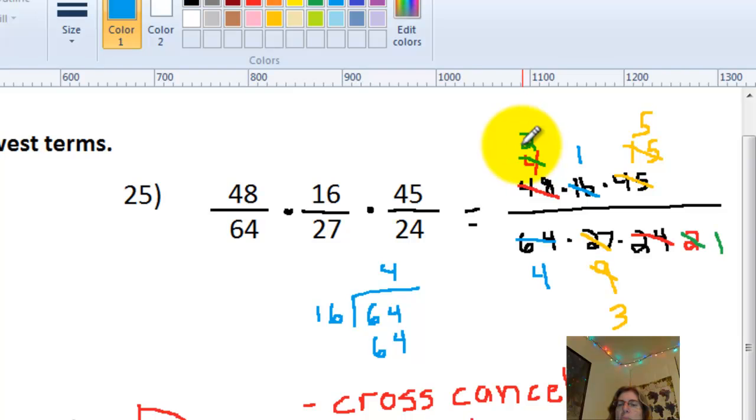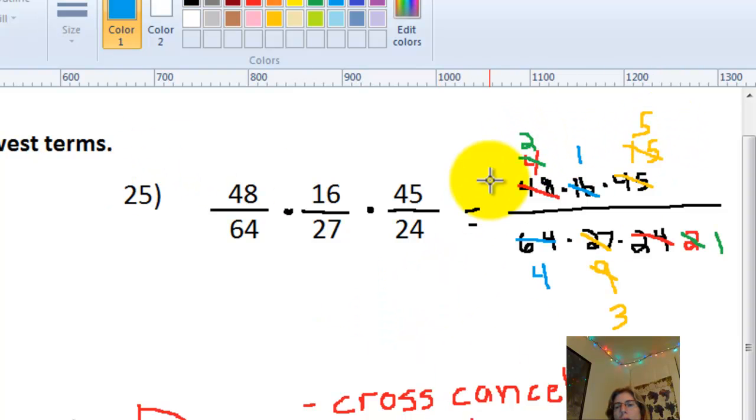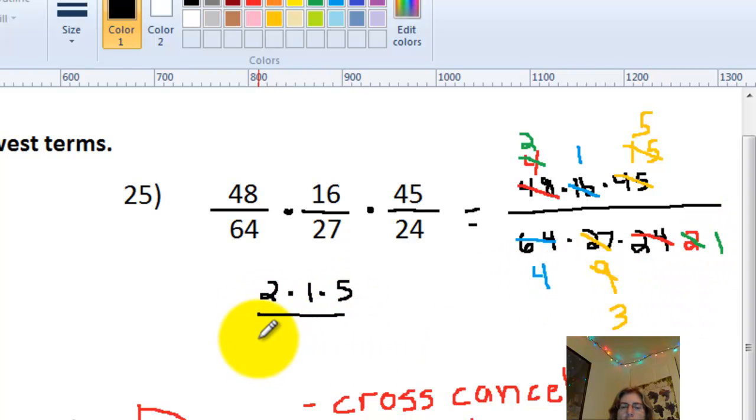And now when I multiply, I'm multiplying, let's write it again. The 2 times 1 times 5. 4 times 3 times 1. I have reduced fractions all over the place until I'm making this multiplication much easier.